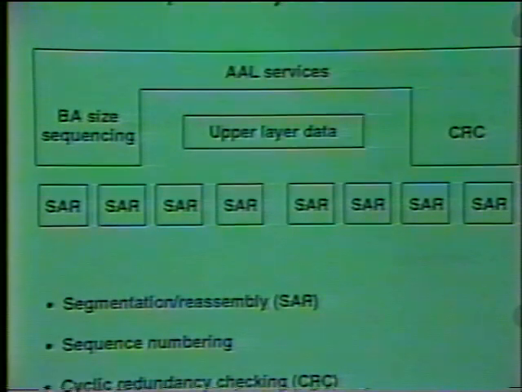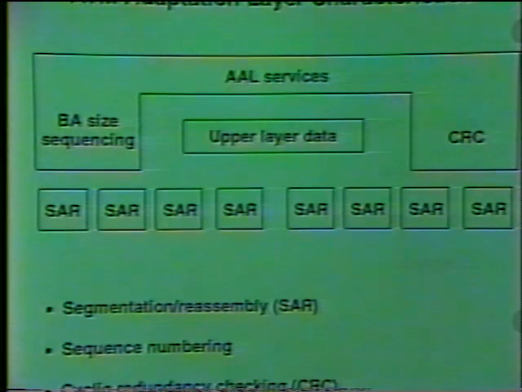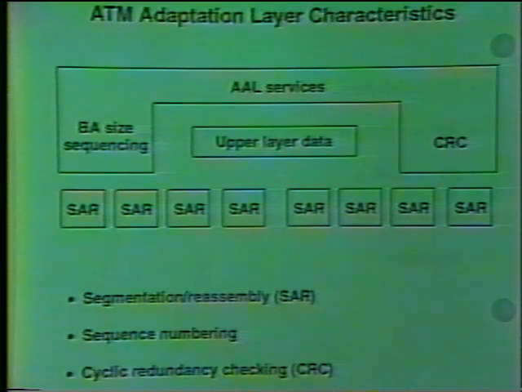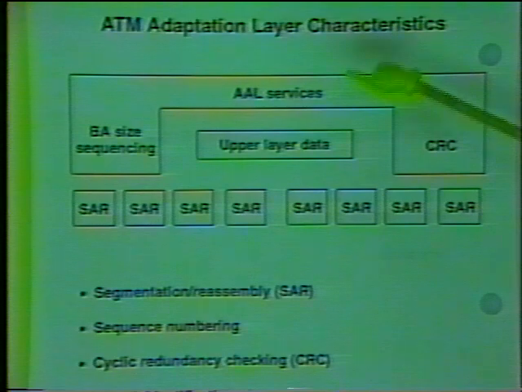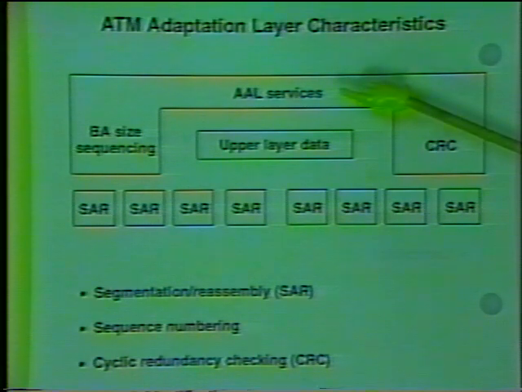On page 6 here, we give the big picture of AAL service. The main point is that this service is going to be taking our application data and formatting it into our fixed cell lengths.